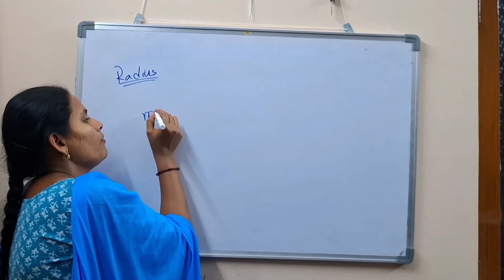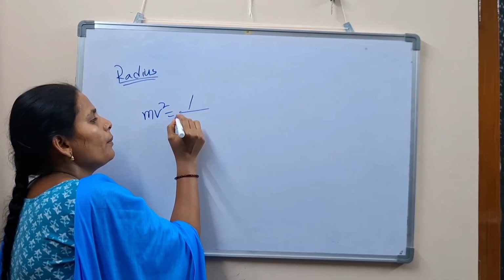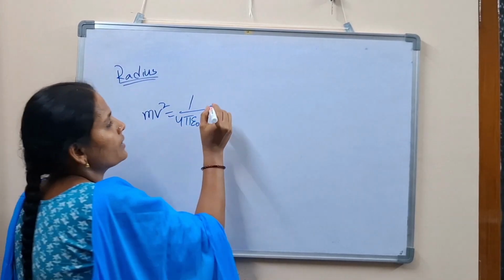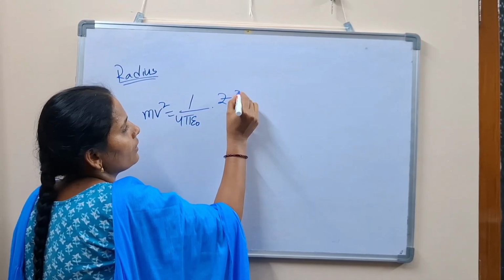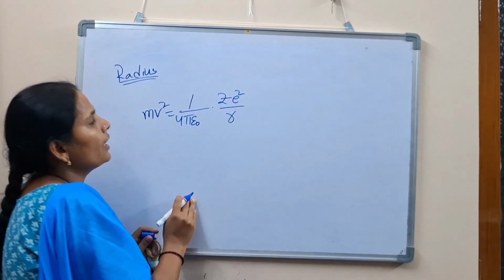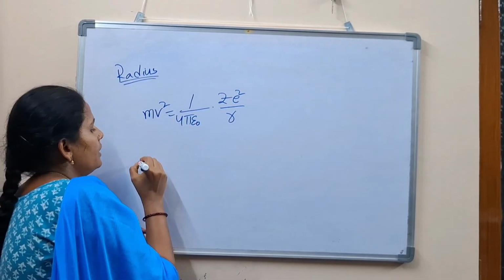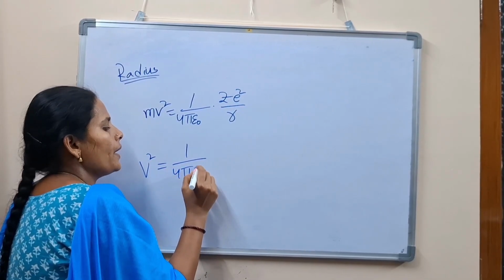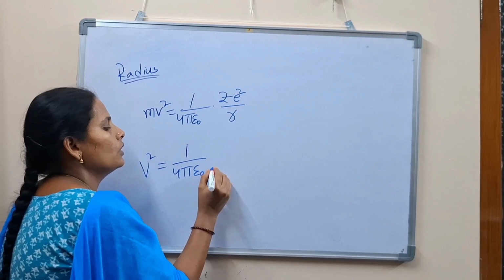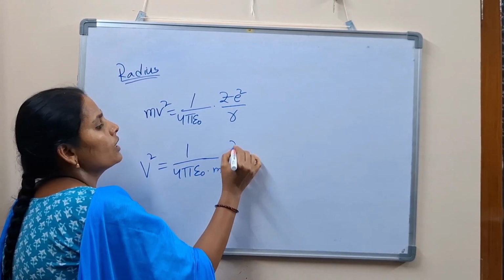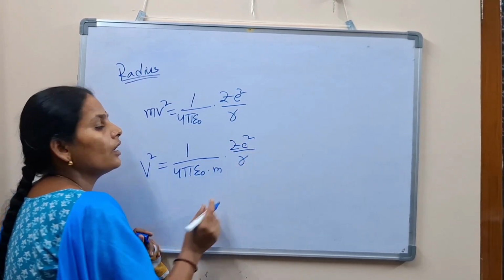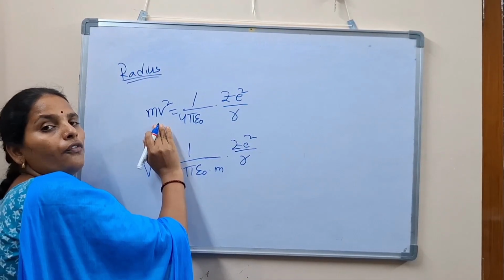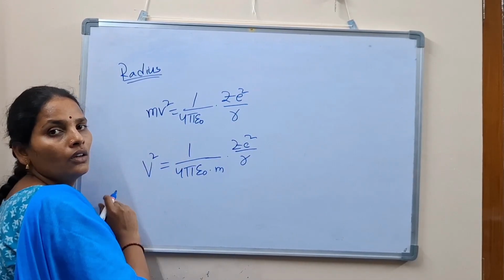That is mv square equal to 1 by 4 pi epsilon naught into Z square by R. From this we are getting V square equal to 1 by 4 pi epsilon naught into Z square by mR. This is V square from the force of attraction of the electron.